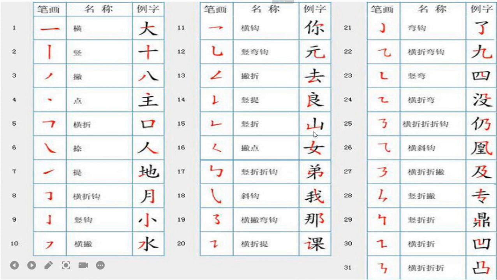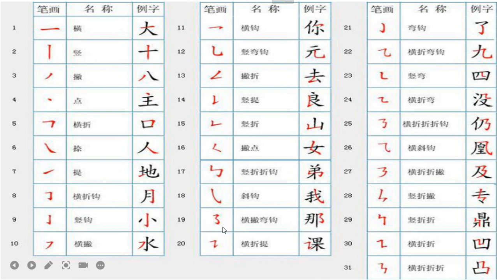竖折, 山, mountain. 撇点, 女, women. 竖折折钩, 弟, brother. 撇, 斜钩, 我, me, I. 横撇, 弯钩.